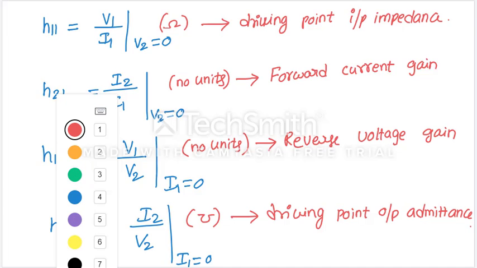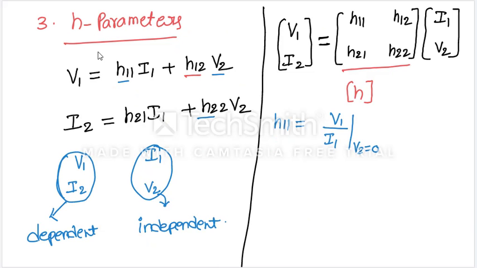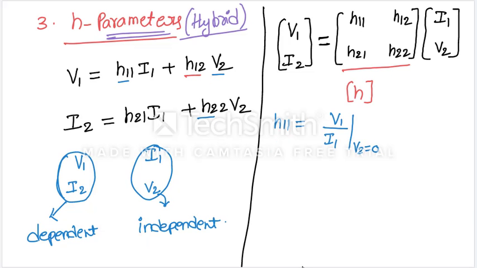The units here are ohms, and this is the current gain, the voltage gain, the impedance and the admittance. It is a mixture of all the things, so that's why we call them hybrid parameters, where H stands for hybrid.